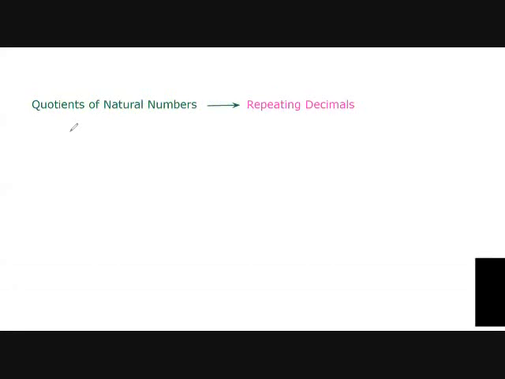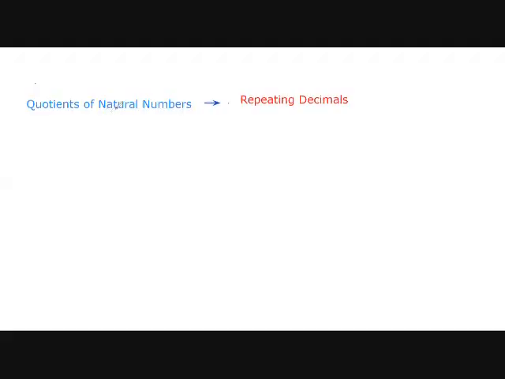This class is for grade 11C core math. Today is quotients of natural numbers. Does everyone still remember when we learned the real numbers lessons? We know about the natural numbers, sometimes called counting numbers, right? Natural numbers or counting numbers start from 1, 2, 3, 4, and so on.